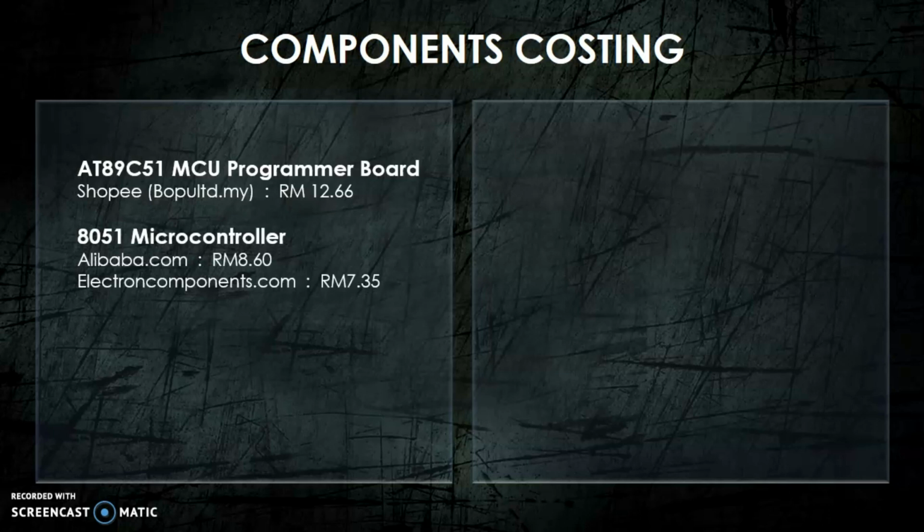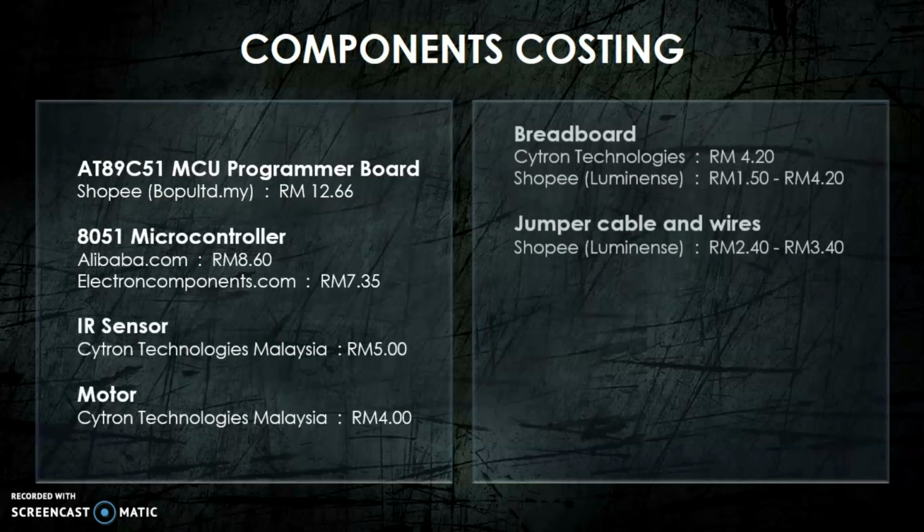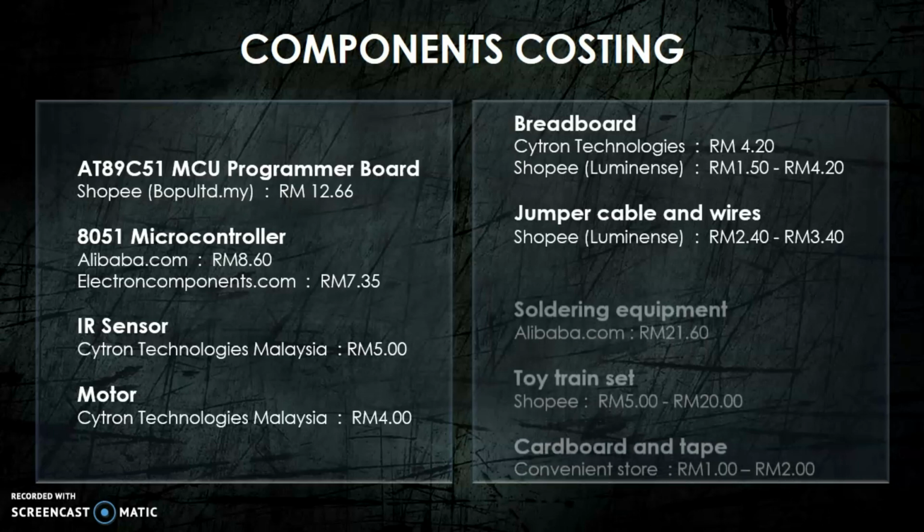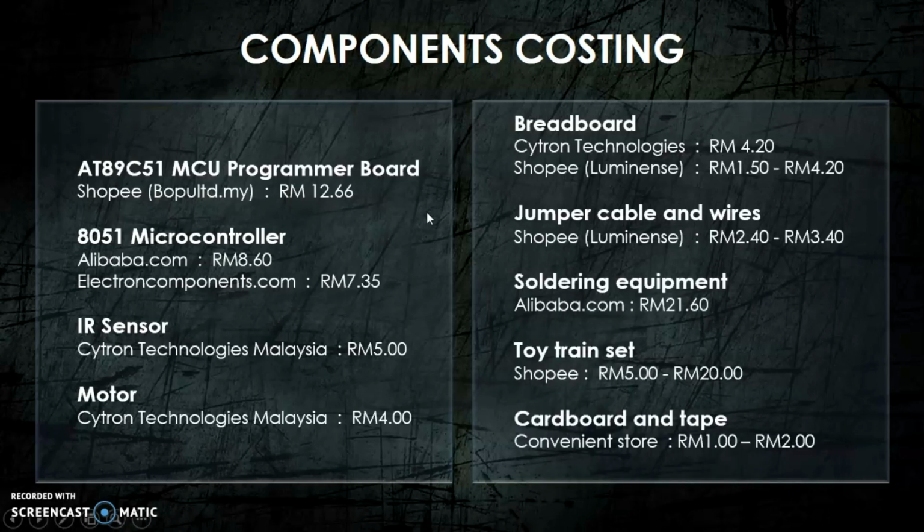Next, in component costing, this is the list of components I used for the prototype. The components can be found in various stores, but these are some of them I listed together. The first one is the programmer board. It can be purchased at Shopee for 12 ringgit and 66 cents.